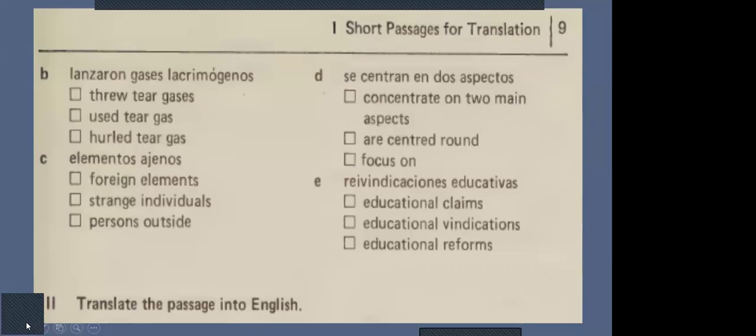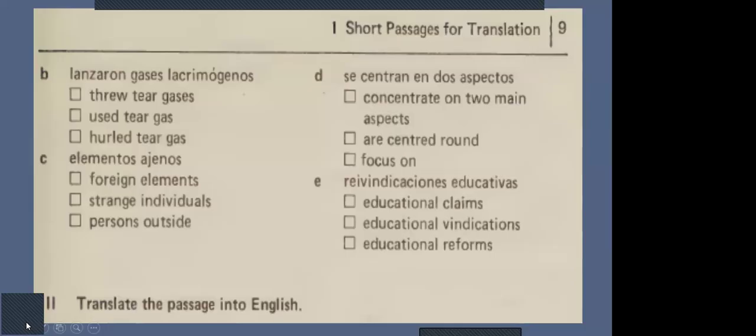However, there is also a connotation. The connotation is, I think, some kind of demand that hasn't been met, or some kind of need that hasn't been met, right? So to me, claims rather than vindications or reforms is a better choice.